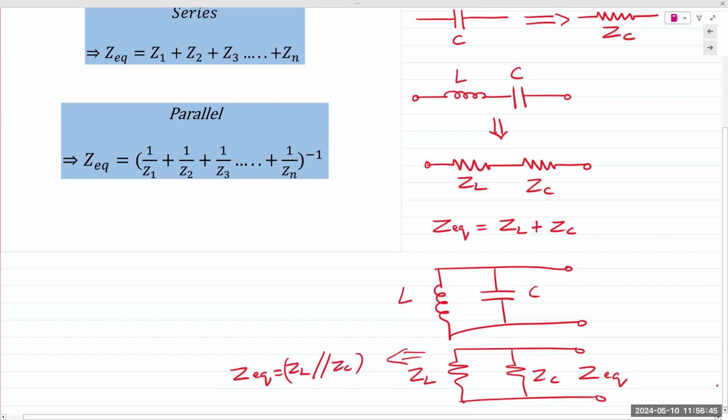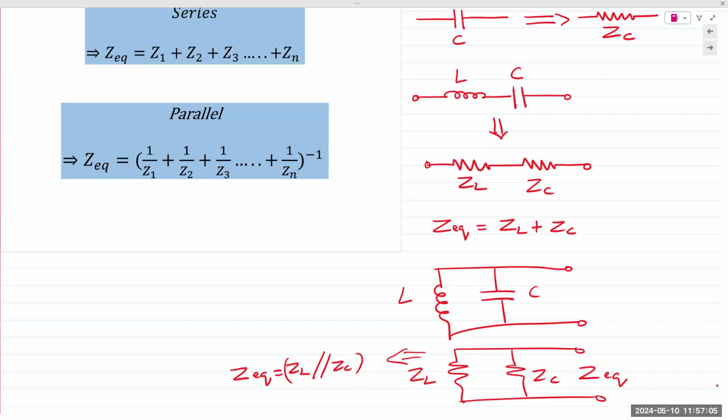Okay. So again, impedances, resistances, and reactances are exactly the same. They're synonyms of each other. The circuit analysis that you do is exactly the same. The symbols are the same. The units are the same. They combine the same way as resistors in series and resistors in parallel.